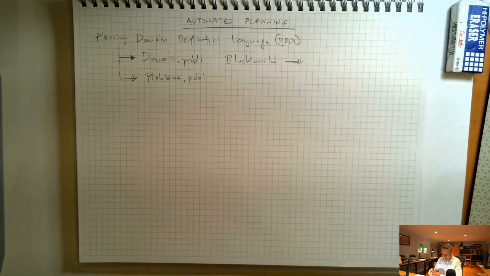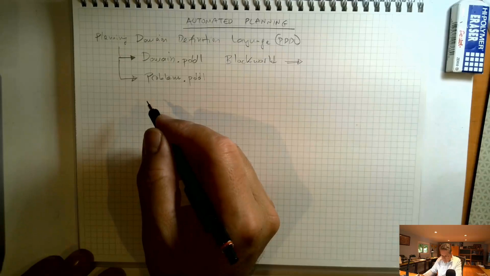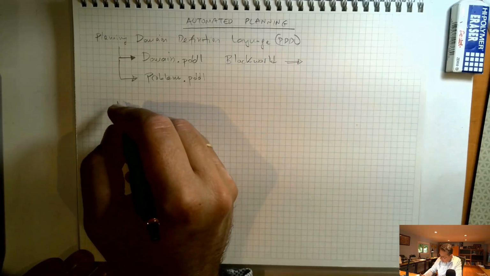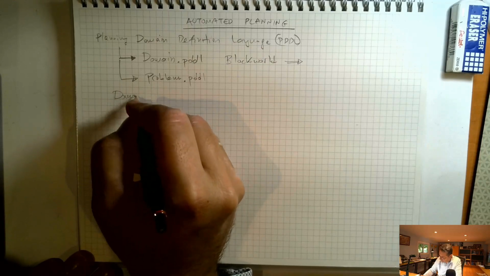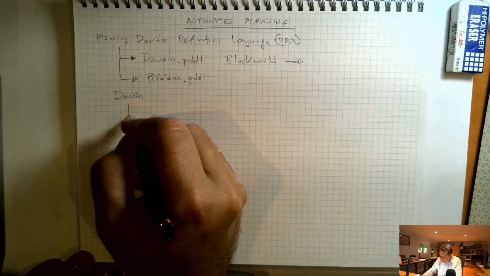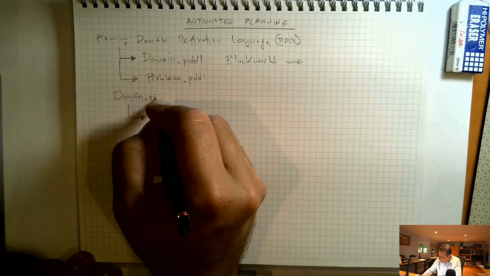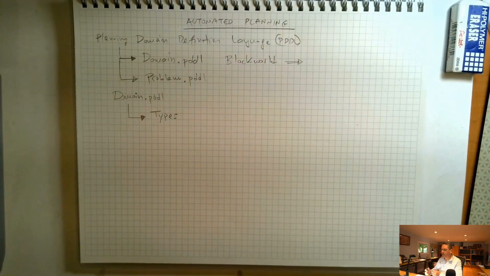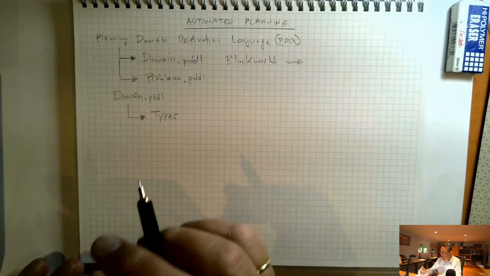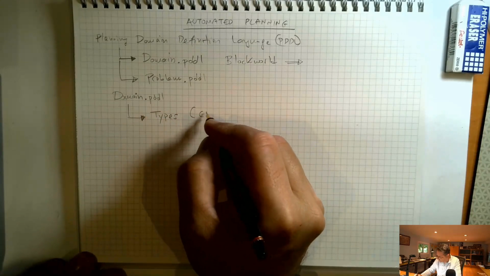And so as far as the domain is concerned, we actually have a couple of things that we need to mention here. So the domain is involving the specification of types. These are obviously the usual types we're familiar with, like the equivalent of classes, if you like, in object-oriented design. Let me just write it down.